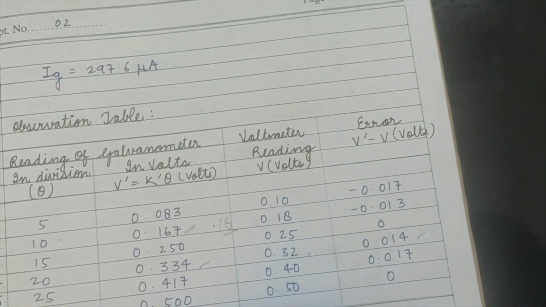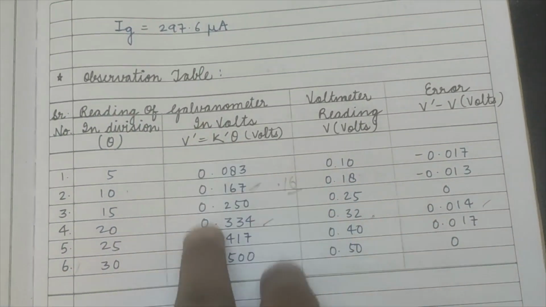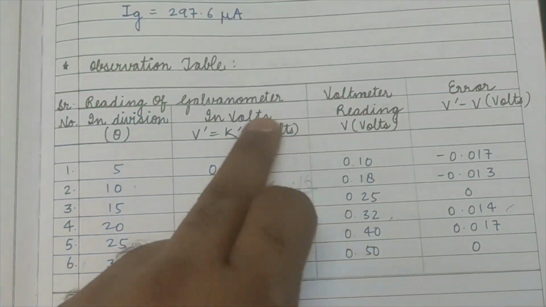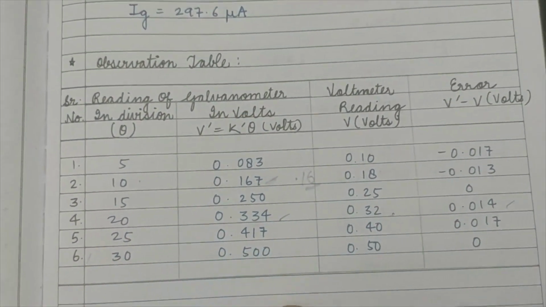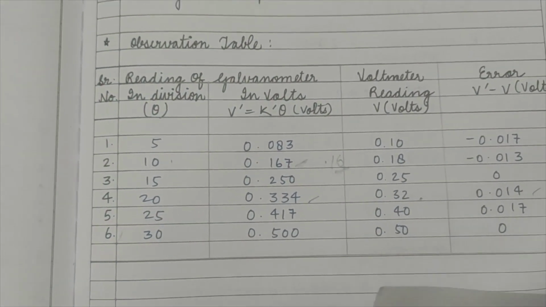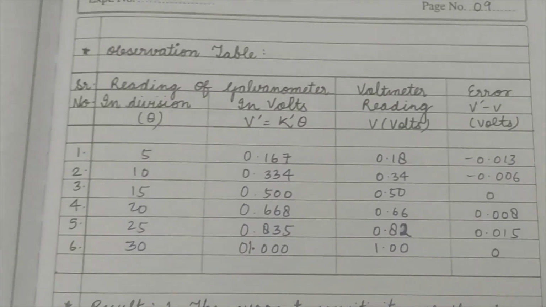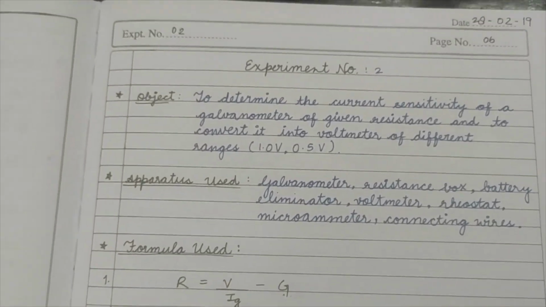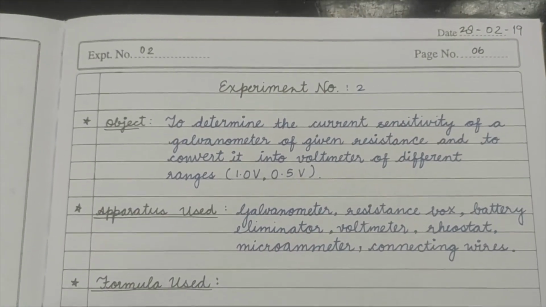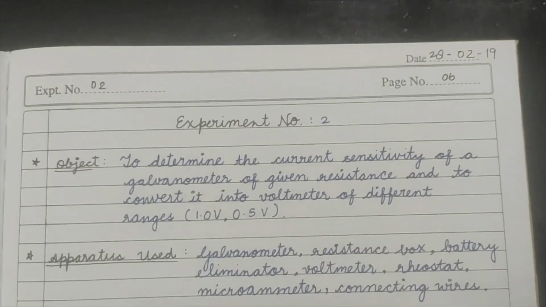From the table, the comparison shows that the conversion is very good, and the original reading is very close to the voltmeter reading of the converted galvanometer for the 0.5 and 1 volt range. So this is all about this experiment, in which you have converted the galvanometer into a voltmeter of this range by measuring the current sensitivity of the galvanometer. Thank you.